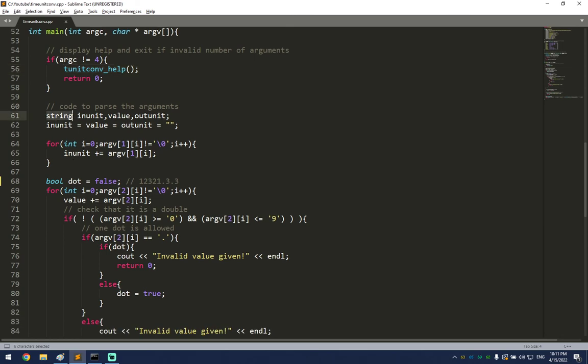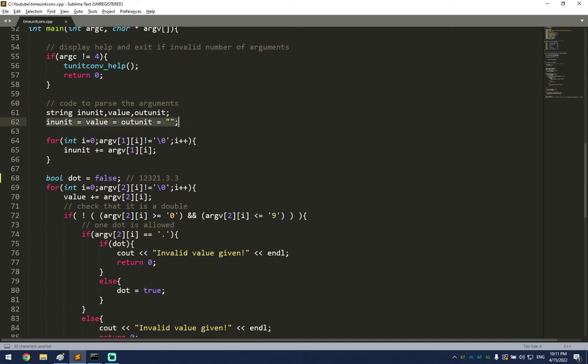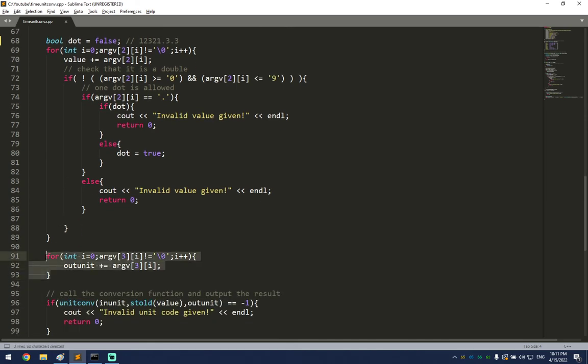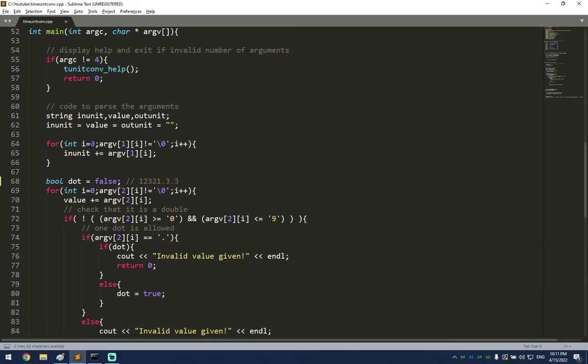And then I'm using C++ strings to get the C strings essentially. So input unit, value, output unit, I set them to be empty at the beginning. So for the input unit, the same goes for the output unit, I just use a for loop here. So I start from the first character, which is indexed as 0, as we know. And I just move on until I meet the end of string character, okay?